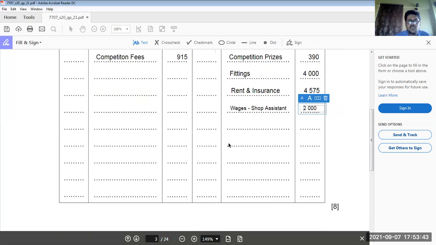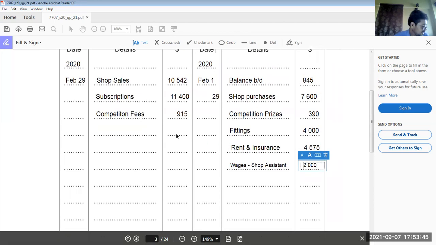Now what we have to calculate is the closing balance, and the closing balance is how much? 22,857.